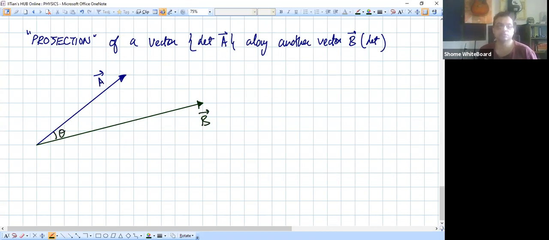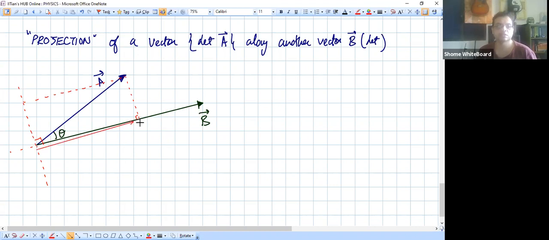Okay. Now next what I can do here is I can break the vector A into two components like this, as if this is along one axis and there's another axis perpendicular to B, which is like this. So the vector A itself can be broken into two components, or what we call two projections.